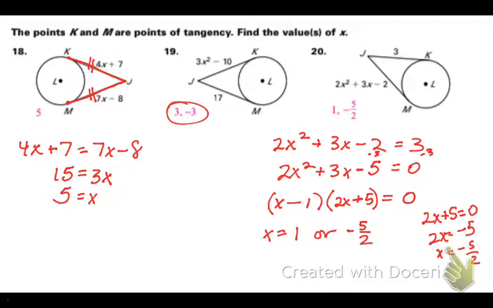Because if I plug in negative 5 over 2 for x, this will become 0, and the whole equation becomes 0. If I plug in x equals 1, this part of the equation will become 0, and 0 multiplied by anything equals 0. So that's a little bit of a tough one because you're having to factor a quadratic, but I just wanted to remind you about it.